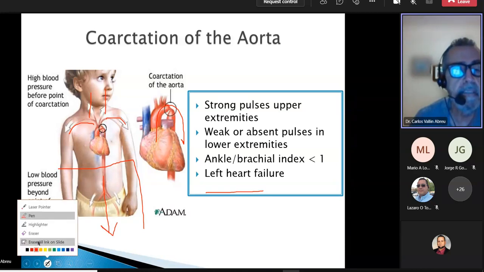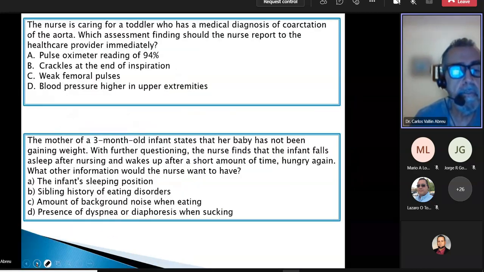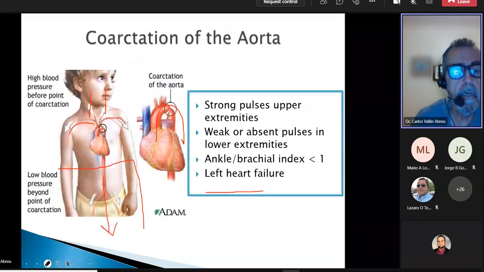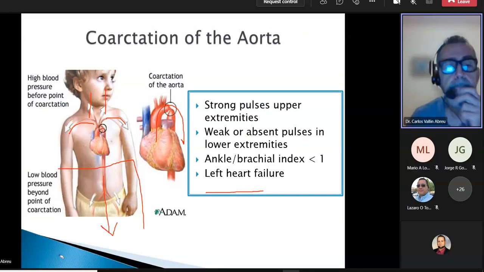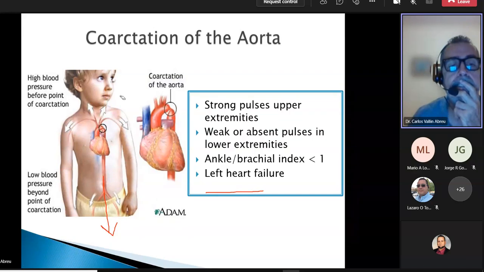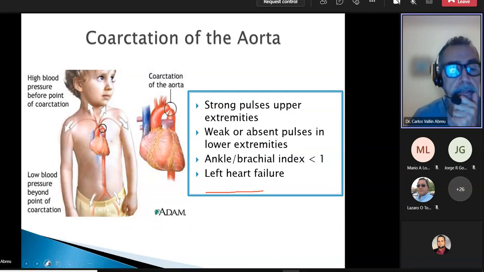It's a child that has strong pulses in the upper extremities, but weak pulses in the lower extremities. Up strong, lower weak. Why? Because there is an obstruction here. This malformation is an obstruction here.